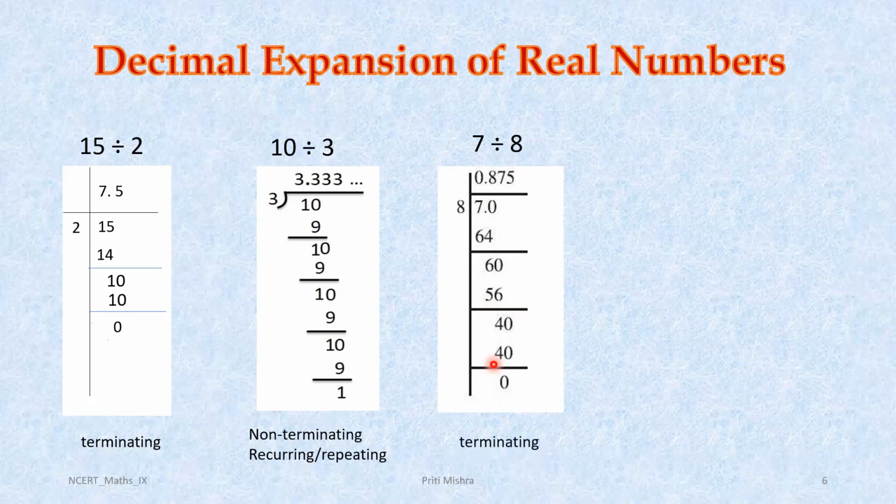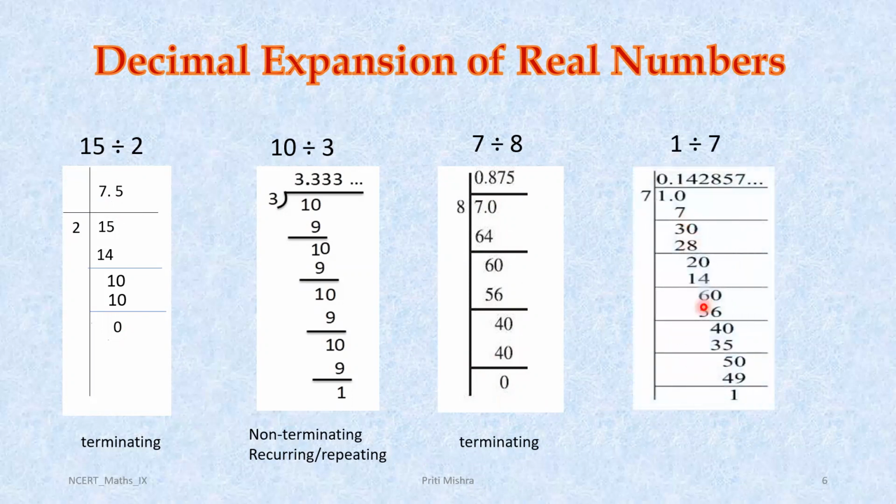Now next one I am going to show you. If we have to divide 1 by 7, then we have a decimal expansion like 0.142857 and so on. And in the remainder, one by one we are getting different numbers: 3, then 2, then 6, 4, 5 and 1. Every time the remainder is not going to be 0.